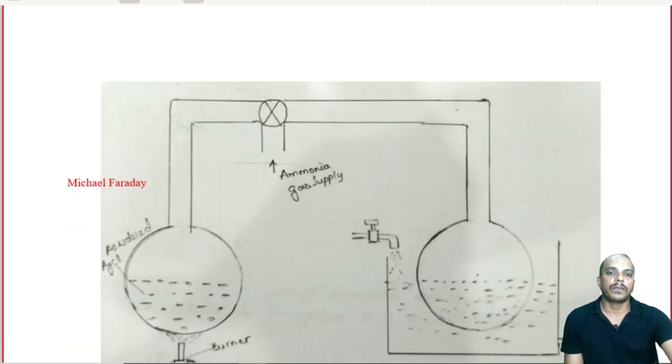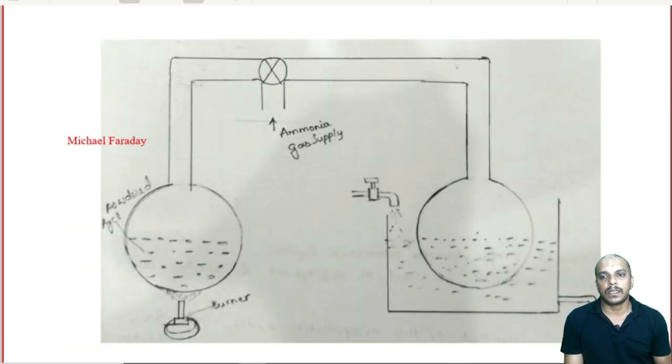Michael Faraday was conducting an experiment in the year 1824, and he was trying to liquefy certain gases. What he observed was there are certain materials which have more affinity towards some gases.